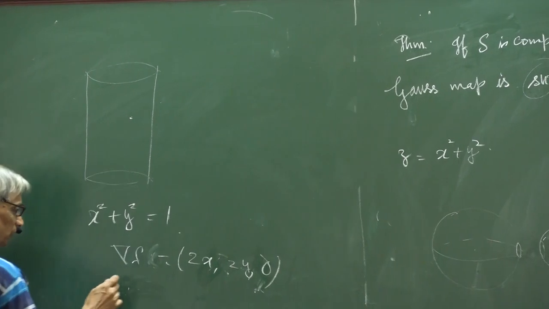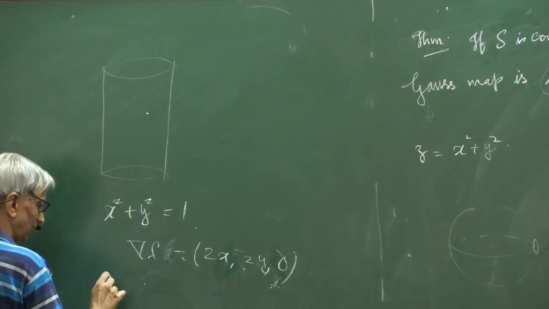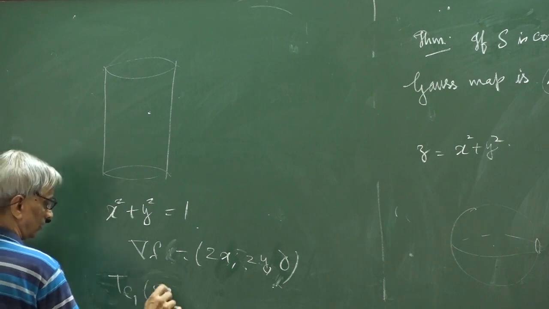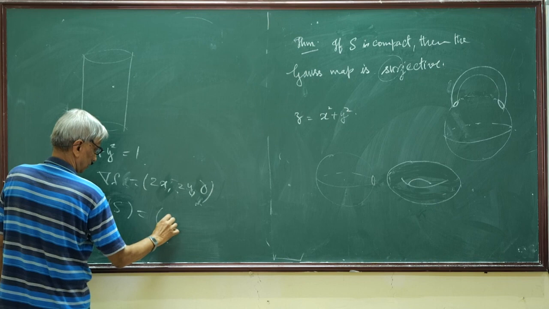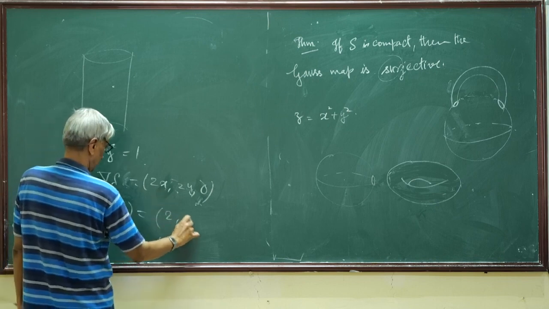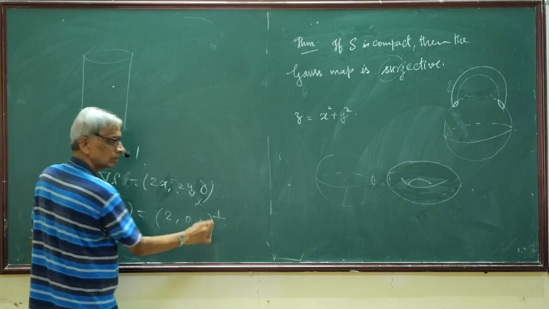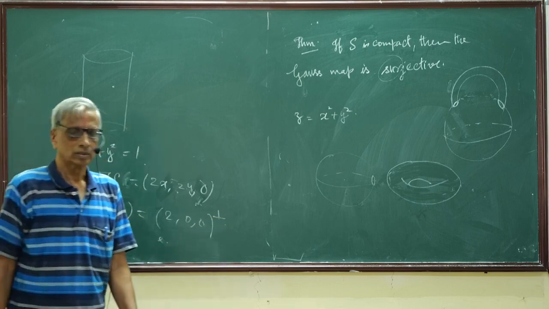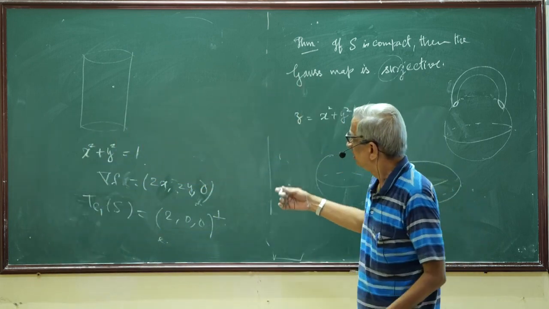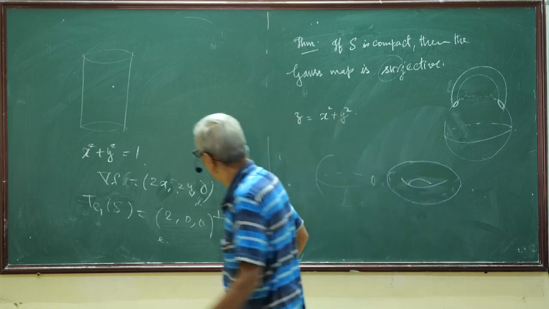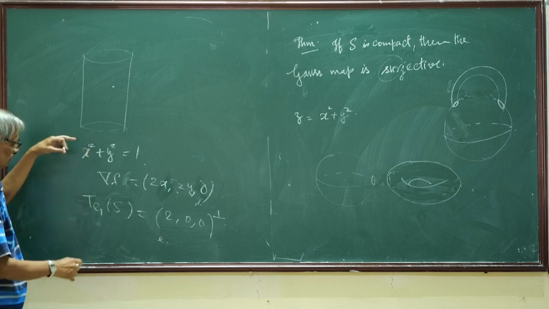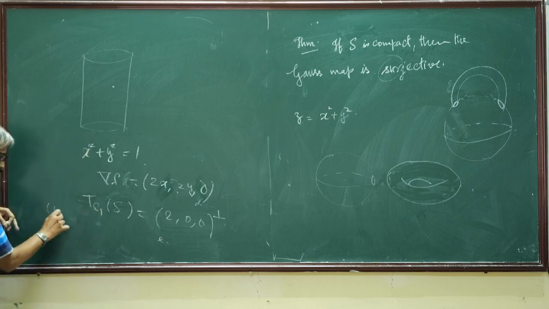Let's take some fixed point if you want. So 1, 0, 0, let's say, e1. The gradient is going to be 2, 0, 0, right? So the tangent plane is the YZ plane. So this is the point 1, 0, 0.